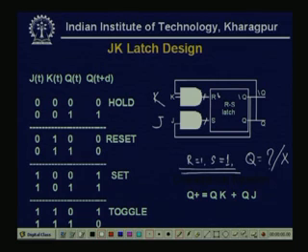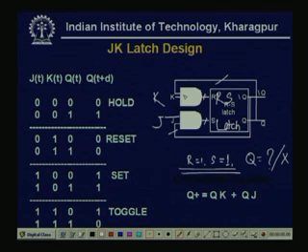The output Q and Q bar are fed back as the input of the AND gates. So, this is one, and the other output is fed back to the other input. So, this is the simple circuit.